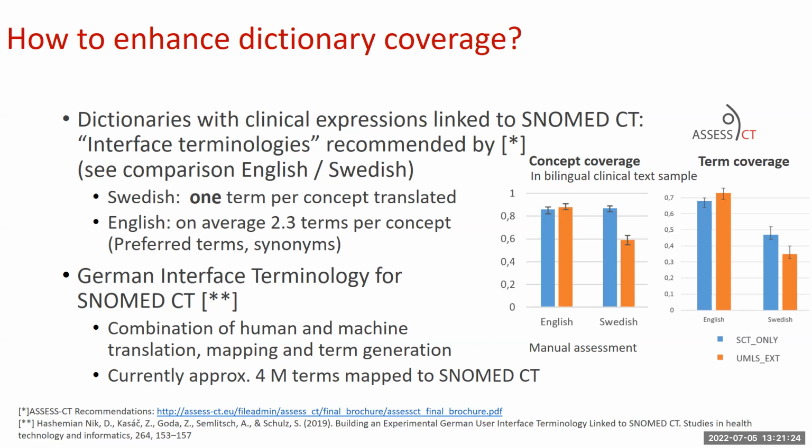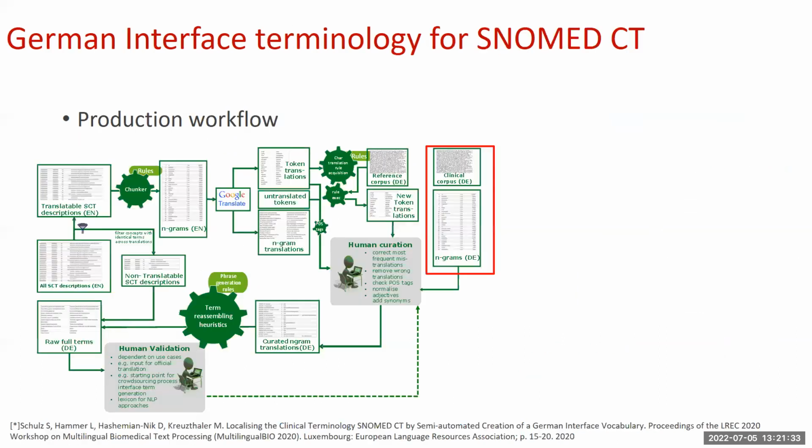So they need to be really represented in an interface terminology, and so I build them automatically following a set of rules. So this I cannot go this deeply into, but this shows the production workflow.